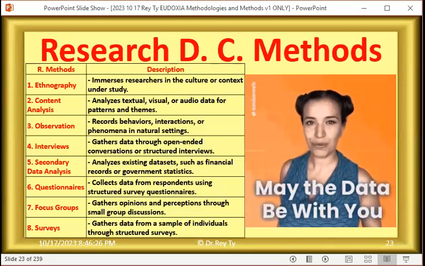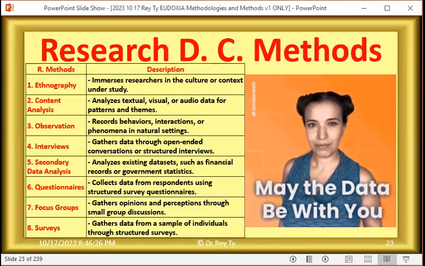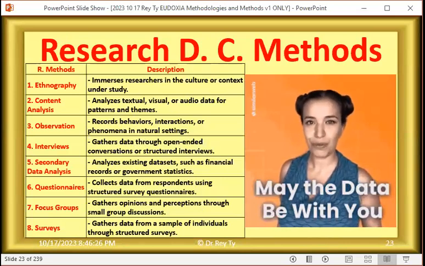And when you say ethnography, you are immersed in a given phenomenon. For example, if you are studying a Coca-Cola plant or Pepsi-Cola plant or a mango juice factory, you go inside the factory and see how the workers are involved in the production of the mango juice.